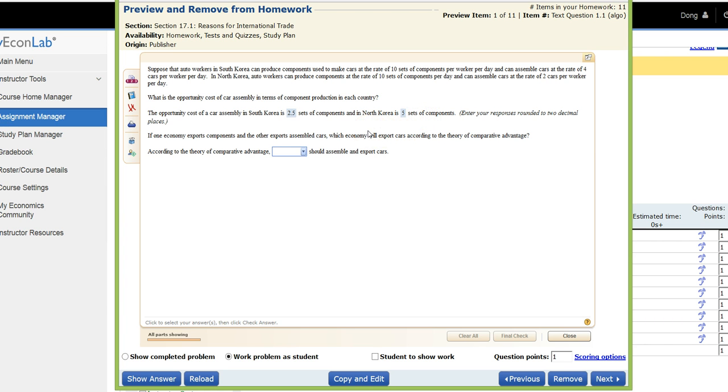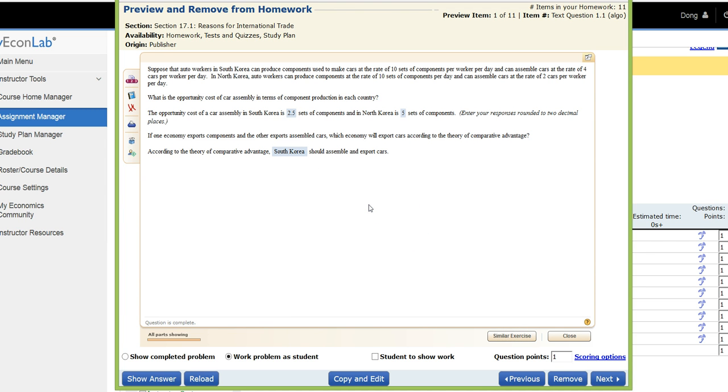So in this case, South Korea workers also have the comparative advantage over the car assembly, because their opportunity cost of assembling the cars is only half of the opportunity cost for North Korea workers in terms of the component production. So according to the theory of comparative advantage, South Korea should assemble and export cars.